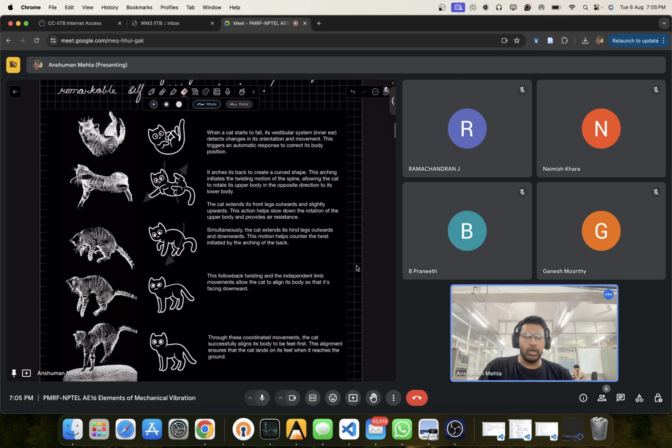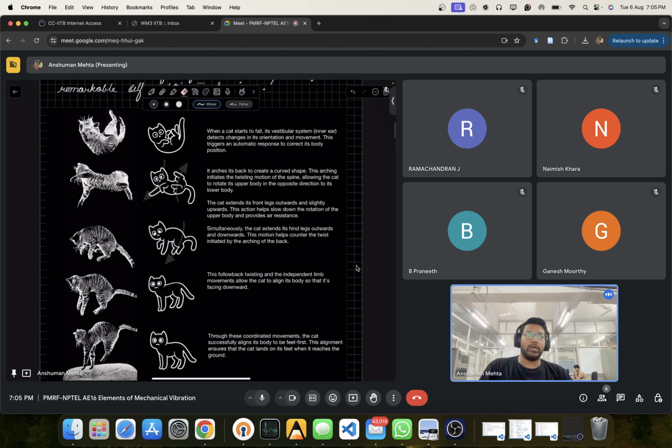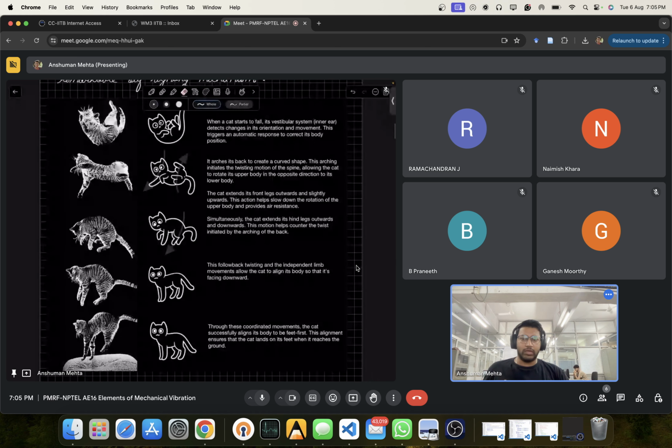At the starting, all the legs of this cat are facing towards the ceiling, but as it is going down, it makes different arrangements or different stages, and finally we can see that it lands with its legs facing the earth.